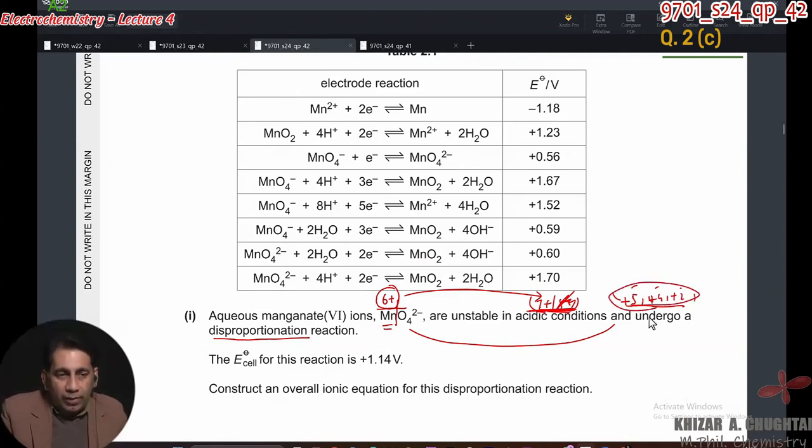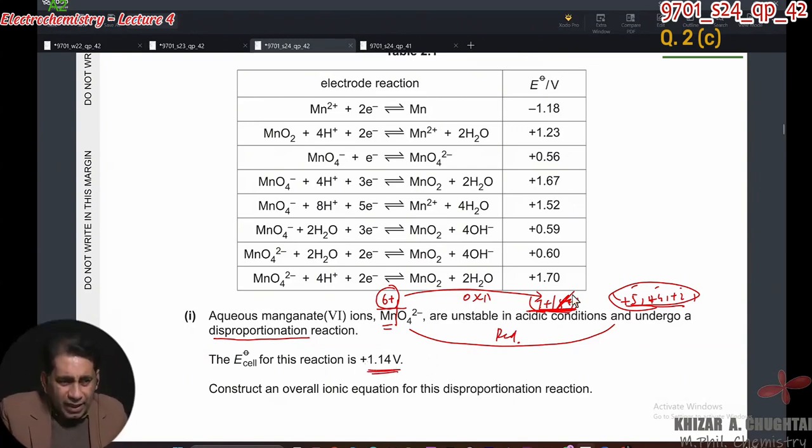Whenever you add two equations, one will be the oxidation equation and the other the reduction equation, and the overall E naught must be equal to plus 1.14.